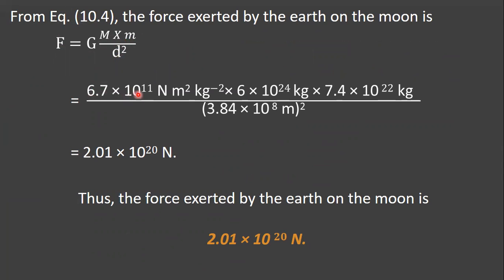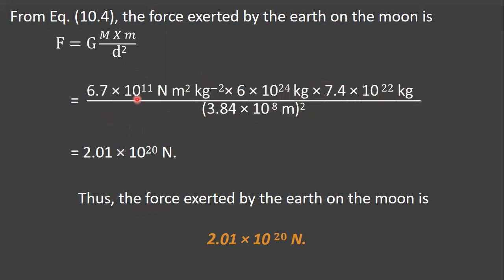G is 6.7 into 10 raised to minus 11 Newton meter square per kg square, and M is 6 into 10 raised to 24 kg into 7.4 into 10 raised to 22 kg, and D, the distance between the two objects, is 3.84 into 10 raised to 8 meter whole square.